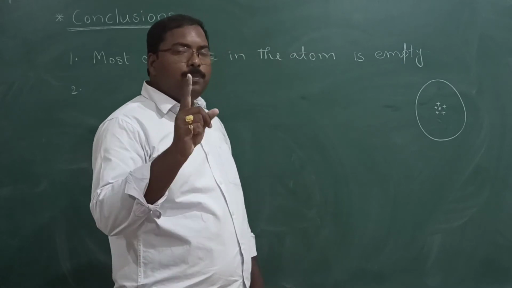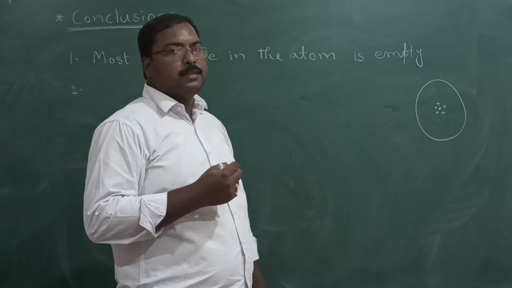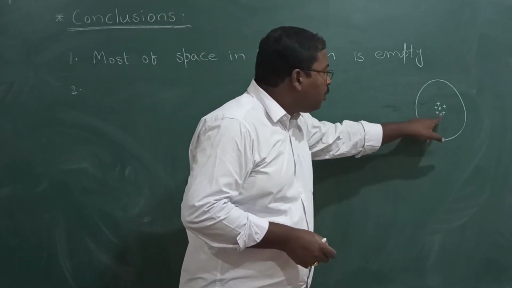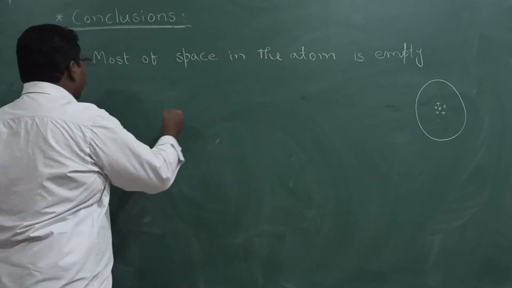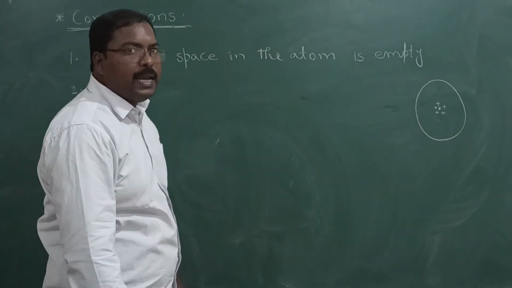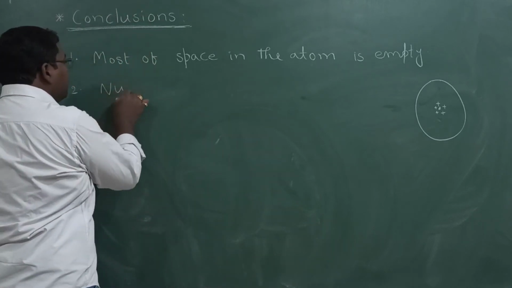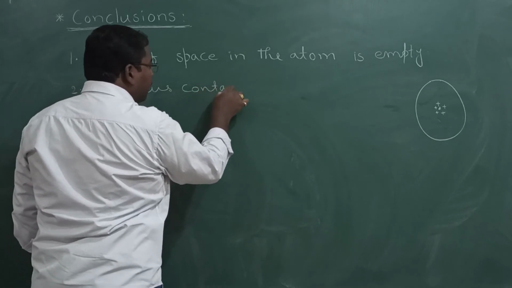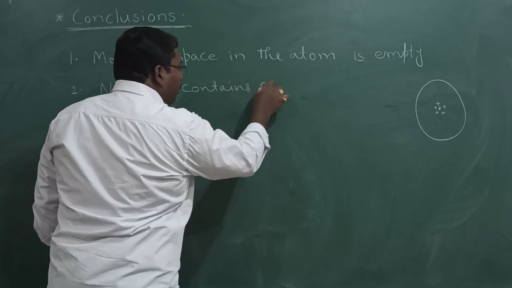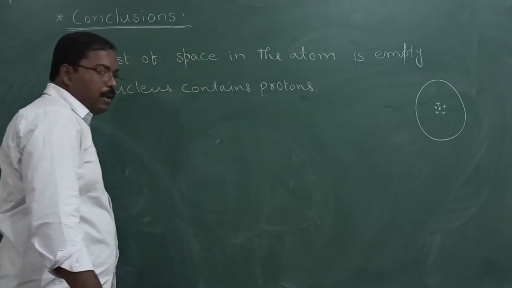Okay? So from the second type of rays, he concluded mainly 2 points. One is total positive charge is located at the center of the atom, that is named as nucleus. So nucleus contains protons. Okay?